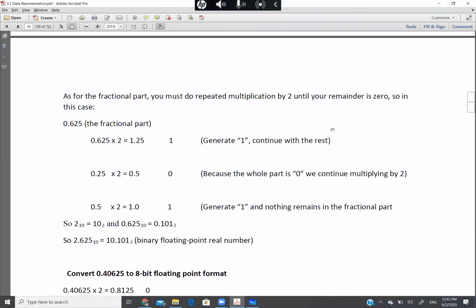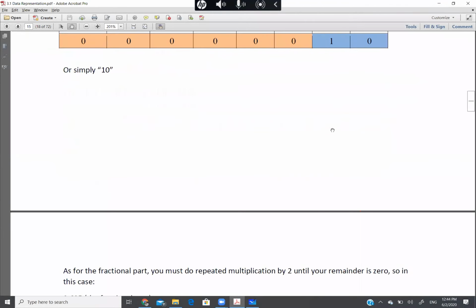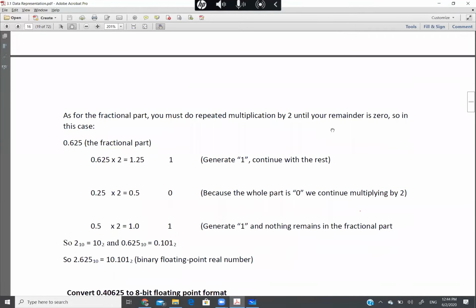For example, there's a number 2.625. So how to represent 2.625?